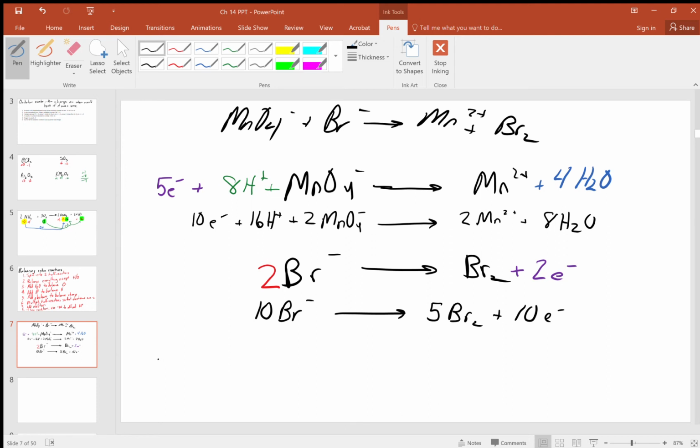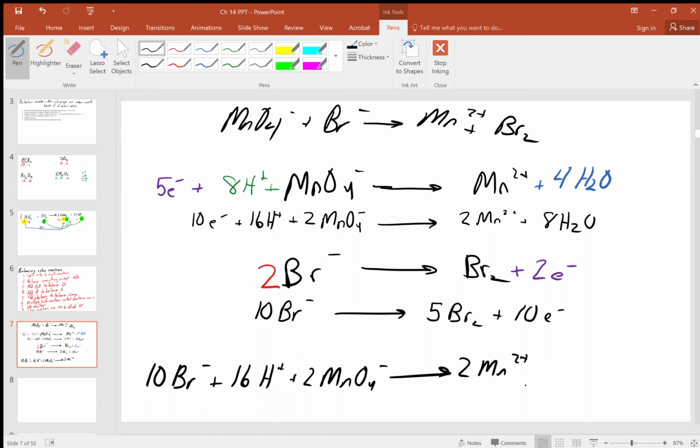But we get 10 Br minus plus 16 H plus plus 2 permanganate reacts to form 2 Mn 2 plus, 8 water, plus 5 bromine. And so our equation is now balanced. But it's important to notice that this is balanced under acidic conditions.